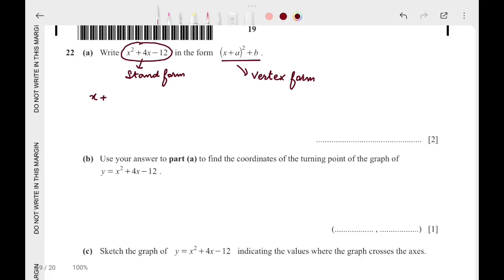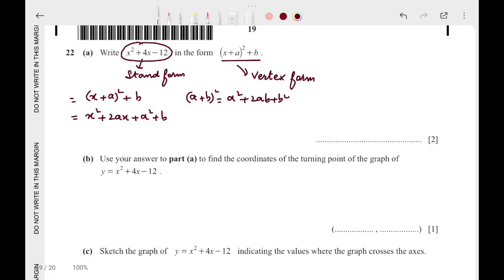So x plus a whole squared plus b can be expanded using a plus b whole square, that is a square plus 2ab plus b square. So we'll expand it, it would be x square plus 2ax plus a square plus b.